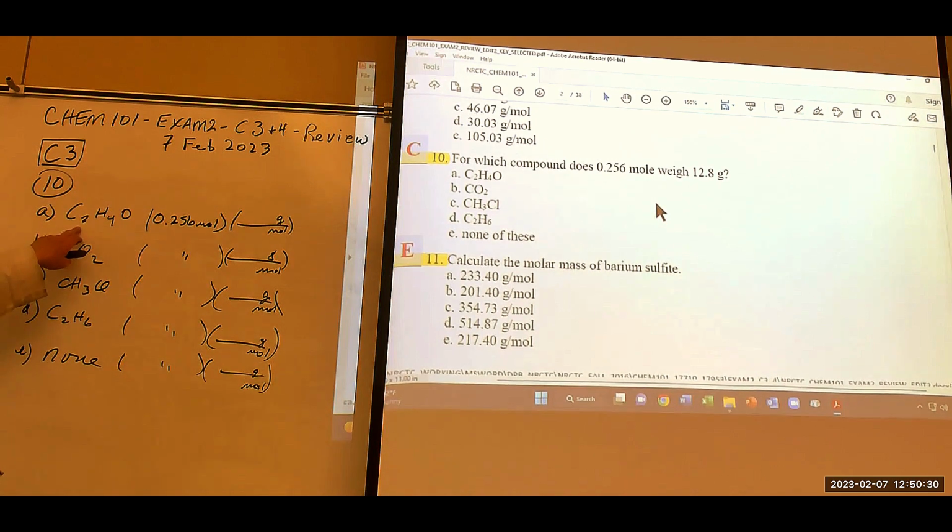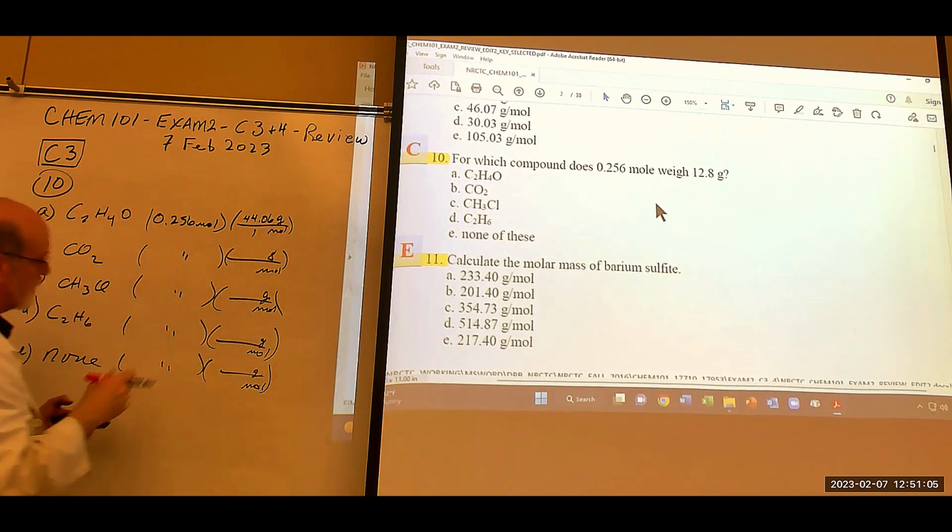Okay, what's the molar mass of this one? Well, let's see. What's 1 carbon? Rounded off, 12.01. We got that one on the previous problem. And then 4 hydrogens is 4.04. And then 1 oxygen, rounded off, 16.00. So this is 44.06.